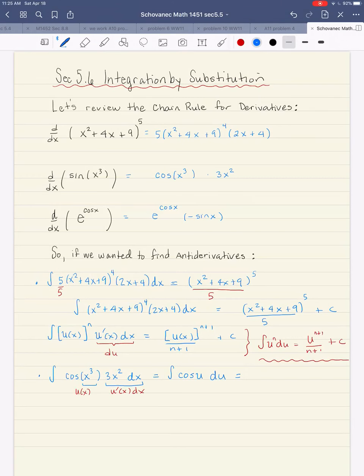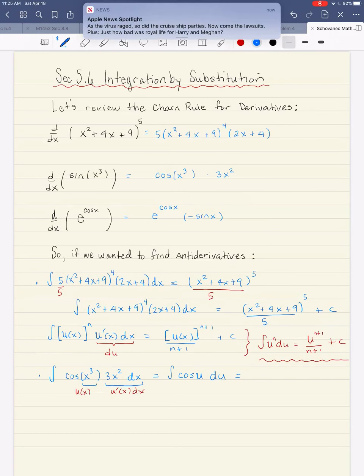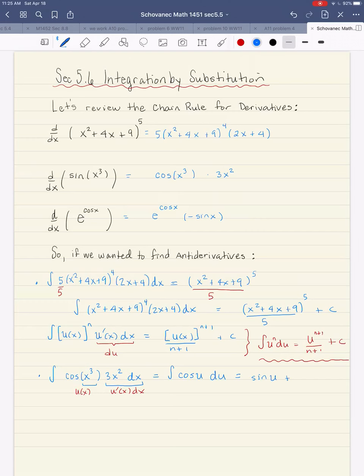So the integral of the cosine of u du is going to be, what do we get up here? The sine of u, where u is the x cubed. So in our example, u was the x cubed, so that's the sine of x cubed plus c. So let's add that to our list of integrals. If we're able to rewrite an integral as the cosine of u, we'll get the sine of u plus c.